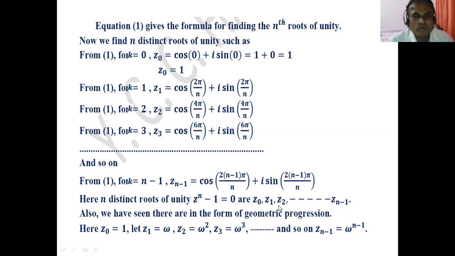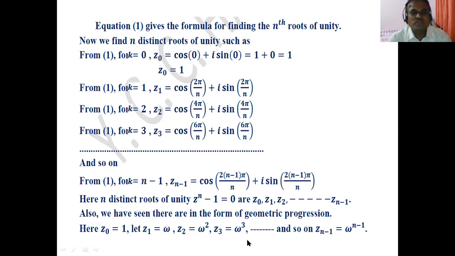Now we find the first root, z0 equal to 1. Now we denote the second root by omega. Let z1 equal omega, the third root z2 equal to omega square, and the fourth root z3 equal to omega cube, and in this way, and so on, the last z_{n-1} equal to omega raised to n minus 1.